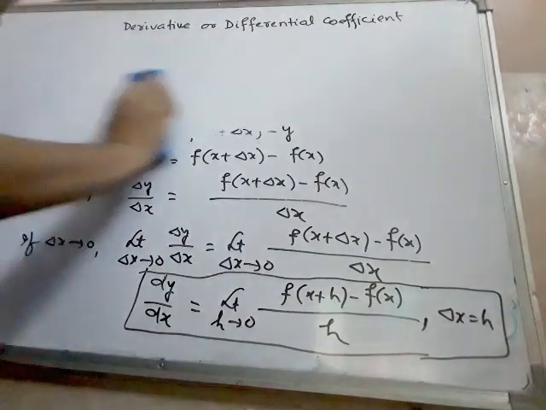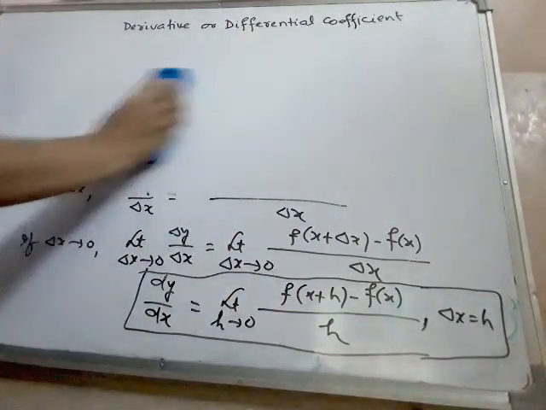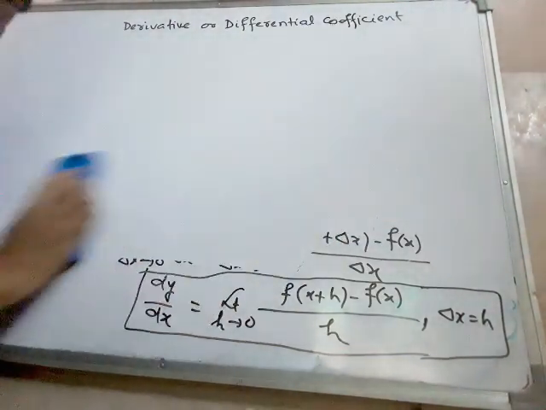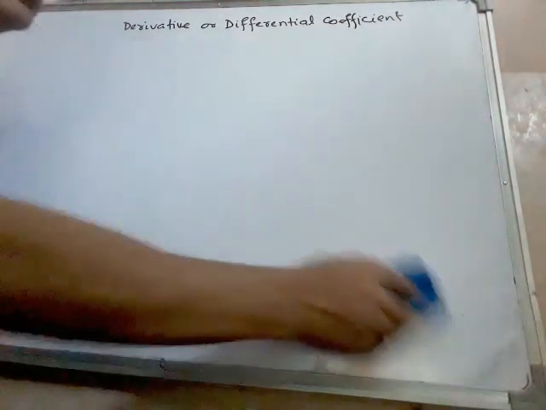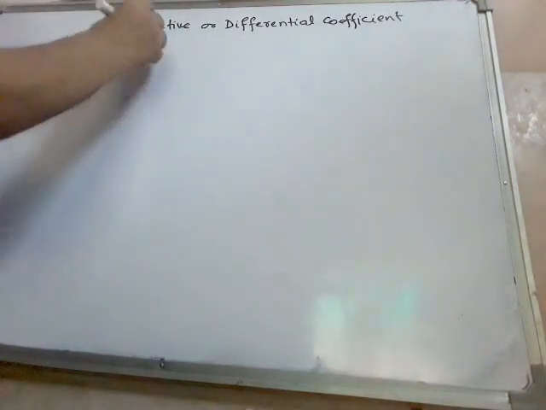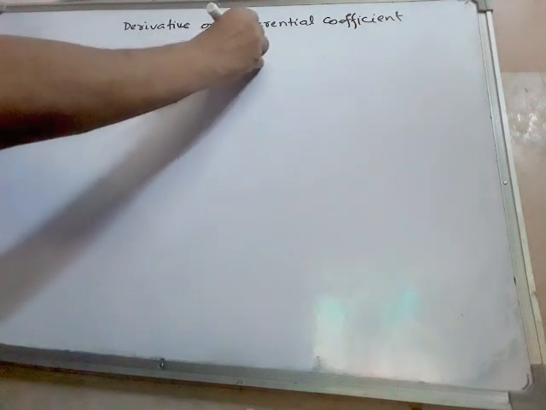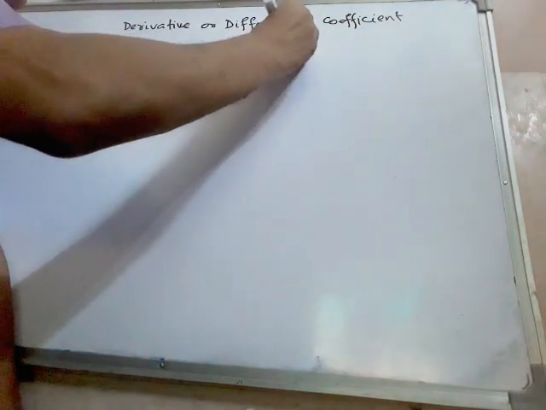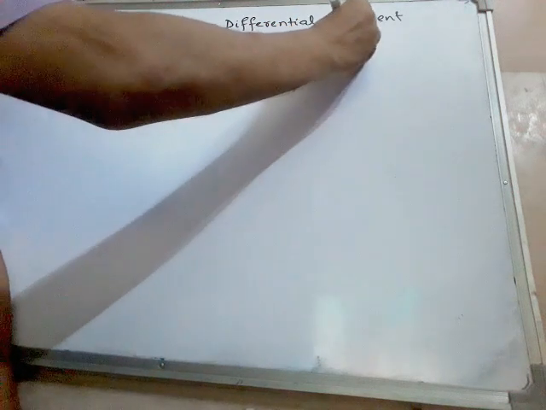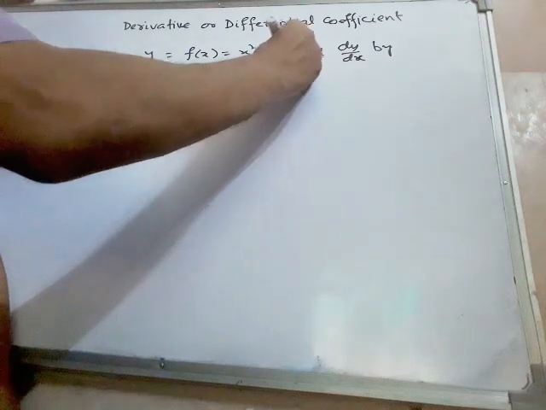We are giving one example of how to use the first principle. Say y equal to f(x) equal to x square, then find dy by dx by first principle.